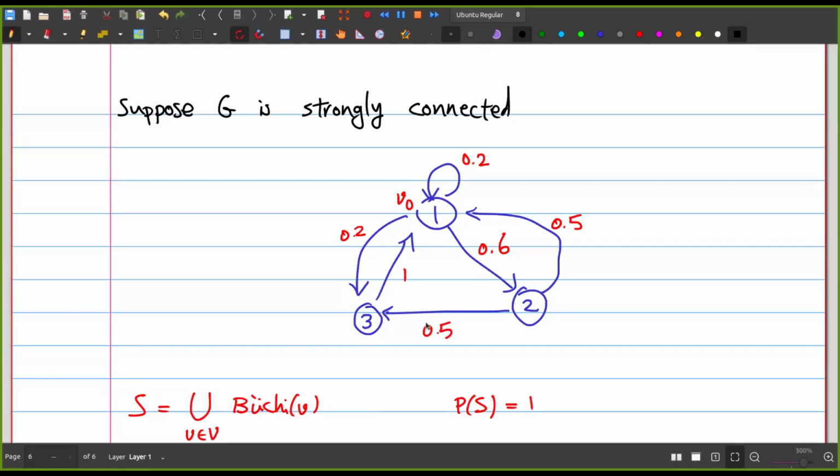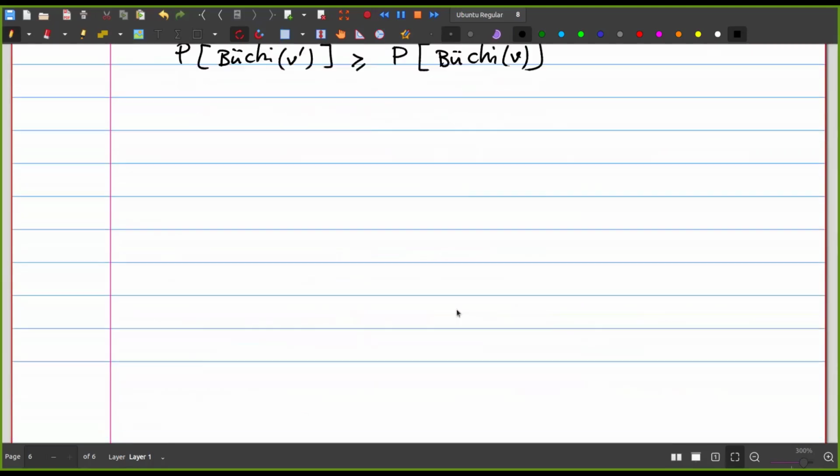But that's impossible because I have to see at least one vertex infinitely many times. Okay, so what we proved here is that if my Markov chain G is strongly connected, if it has only one strongly connected component, then every vertex will be visited infinitely many times with probability 1.